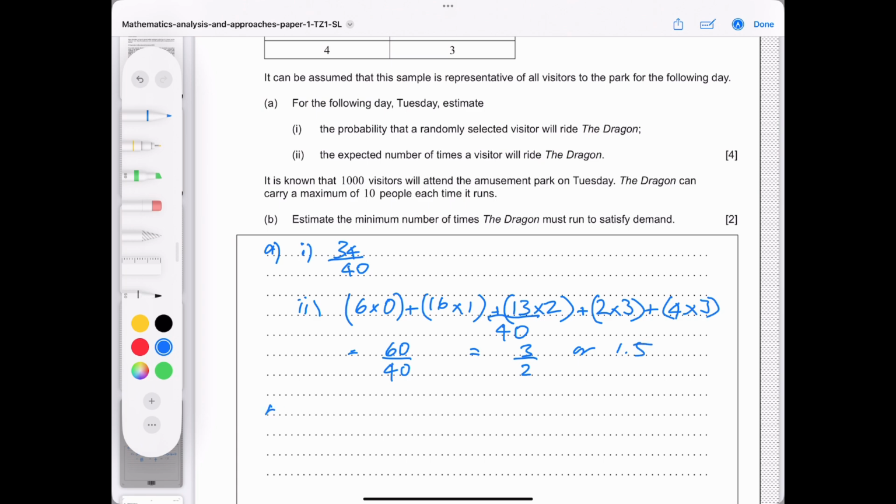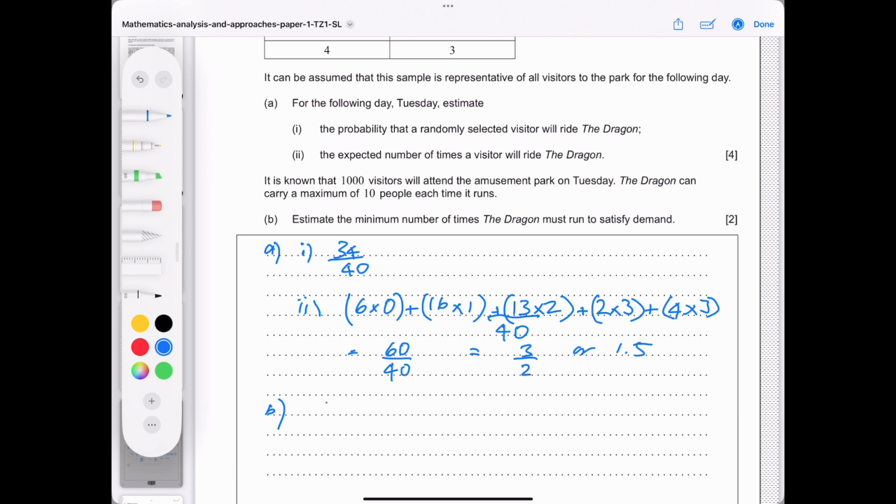Now B, estimate the minimum number of times. 1,000 visitors will attend the amusement park on Tuesday, and the Dragon can carry a maximum of 10 people every time it runs. So estimate the number of times the Dragon must run to satisfy demand. We're assuming that everybody wants to ride it 1.5 times.